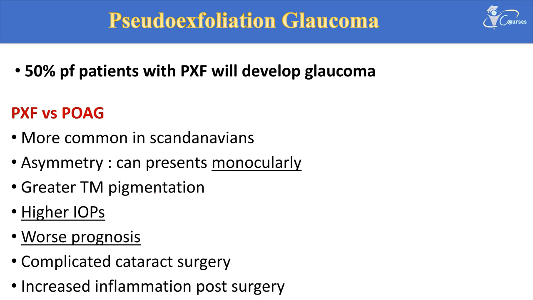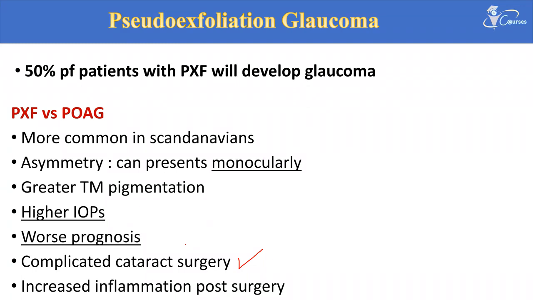So it will be worse in everything. They will also have complicated cataract surgery. If the cataract surgery is complicated by vitreous loss, this can add to the increased intraocular pressure. And it will also be associated with increased inflammation post-surgery.